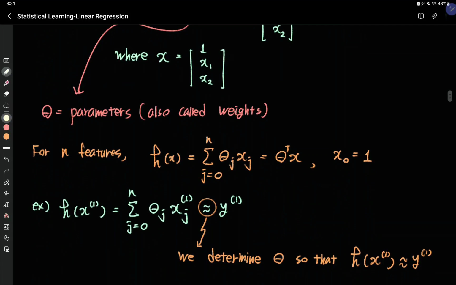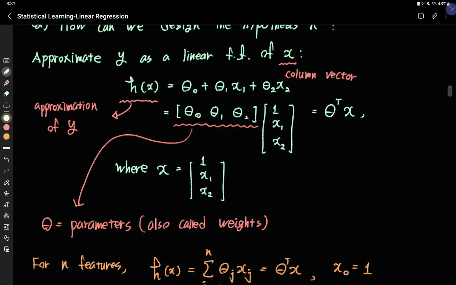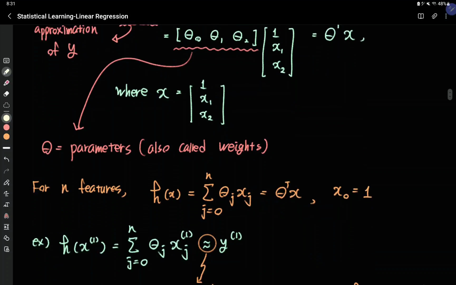So for n features, the hypothesis h of x can be expressed like this. This makes sense because we consider x naught to be 1. Here we don't write x naught, but saying x naught is 1, x is 1, x1, x2.